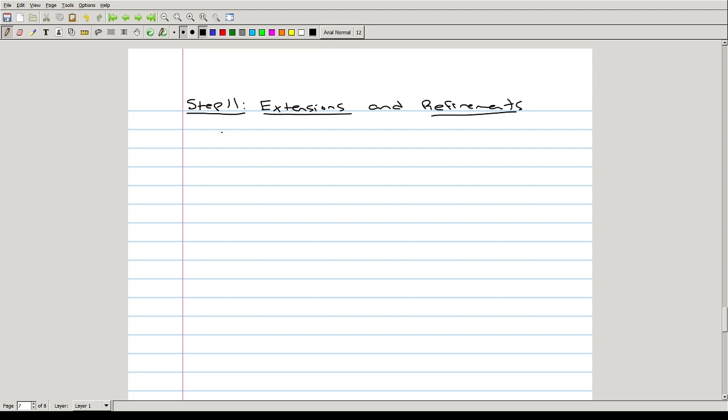So, for example, a great example of this that I told you earlier that I would mention is that the ideal gas law needs a refinement under certain scenarios, and under very common scenarios.